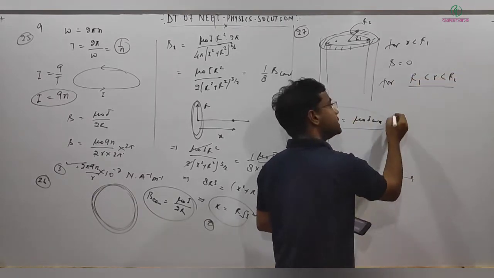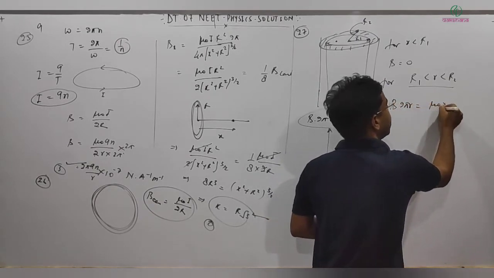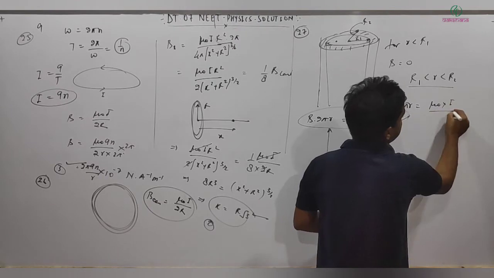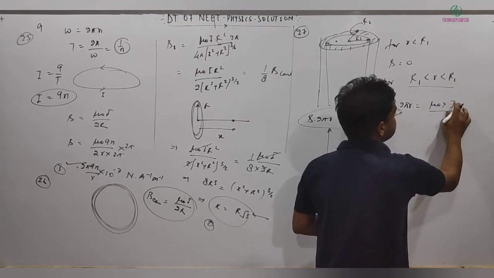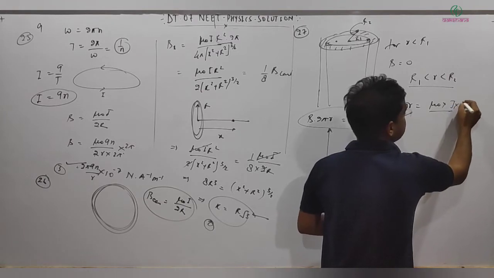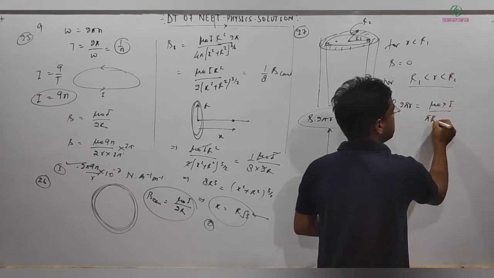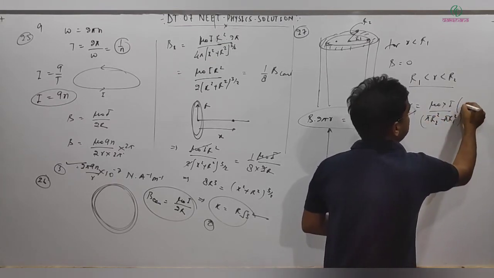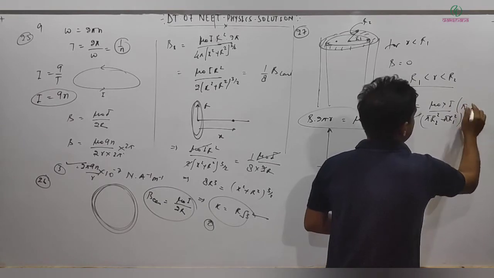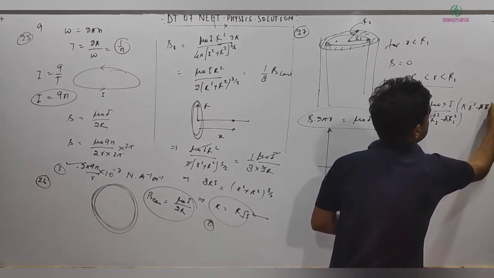So for this case, B dot dl 2 pi R is equal to mu naught into I enclosed, which would be J multiplied by the area, that is I by (pi R2 square minus pi R1 square) into (pi small r square minus pi R1 square).